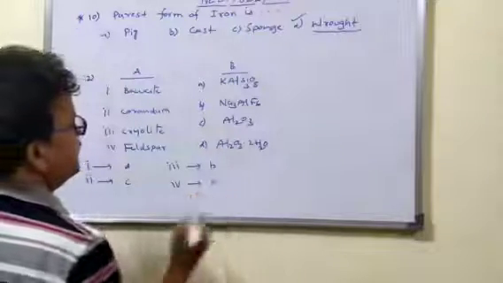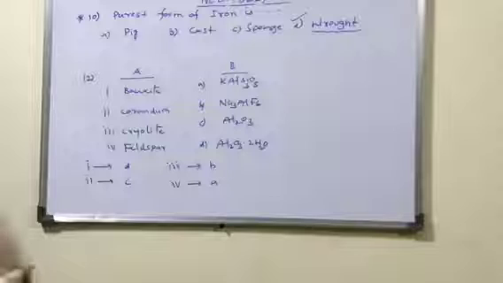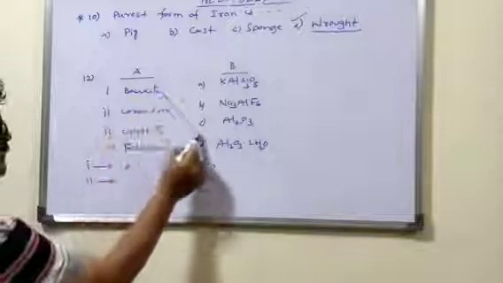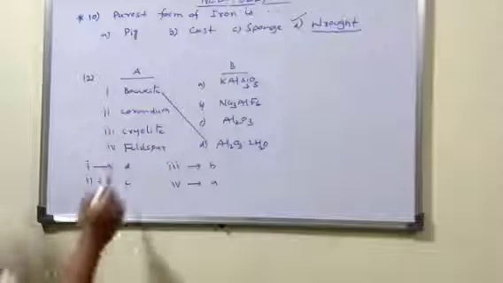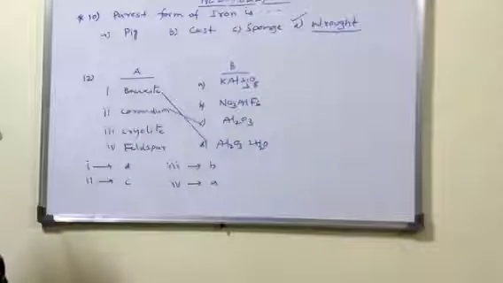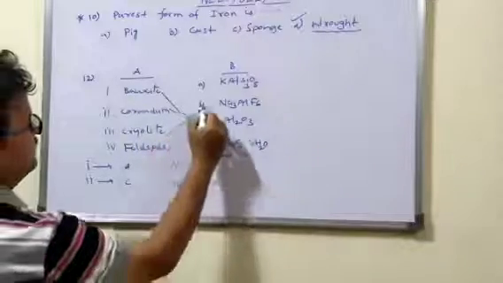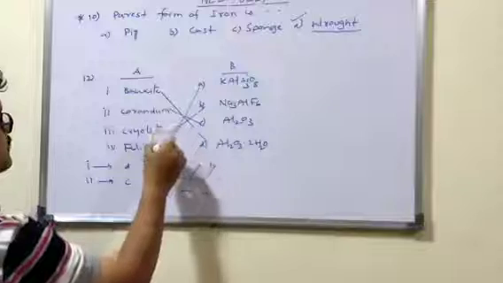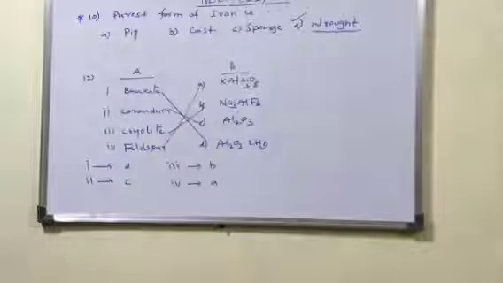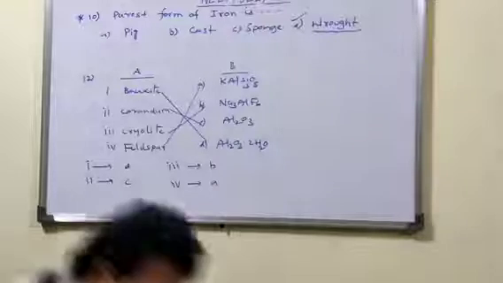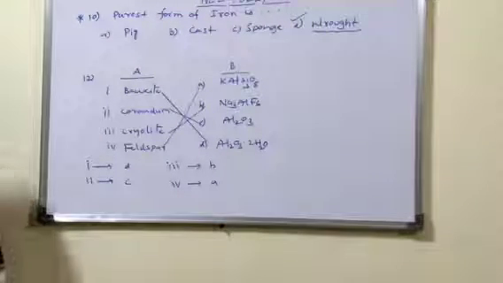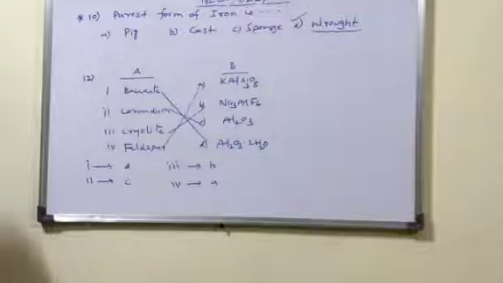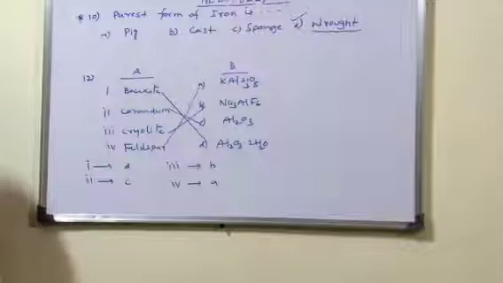So bauxite here, corundum here, cryolite this, and this is feldspar. This is one matching we have. All of you remember the minerals of aluminum, iron, zinc, like that. Then it is easy to match.